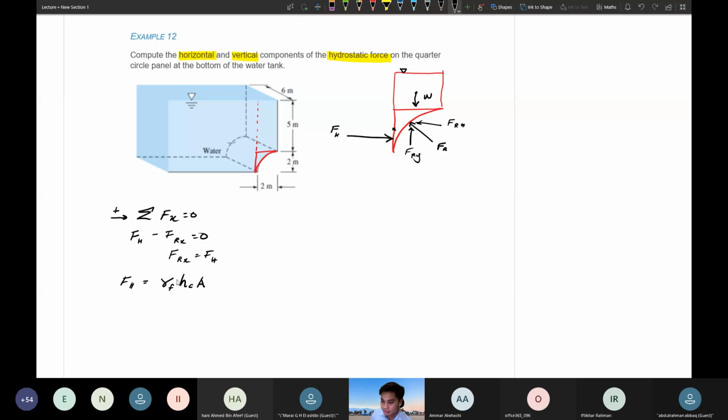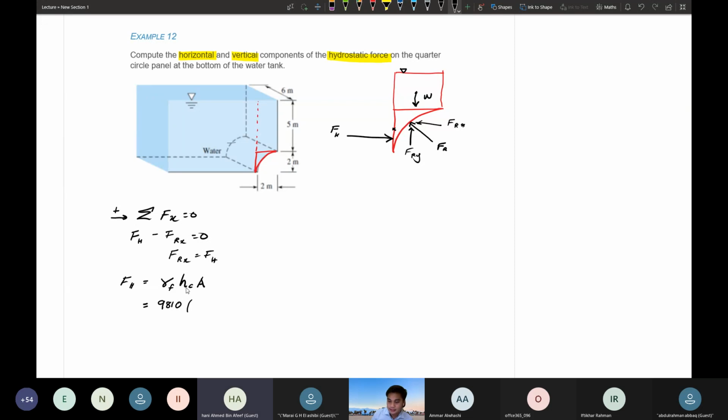So what is the gamma? Gamma of water, we use the SI unit, so we have meters. What's the gamma of water? 9810. What is hC? What does hC represent? The distance from the reference line to the centroid.